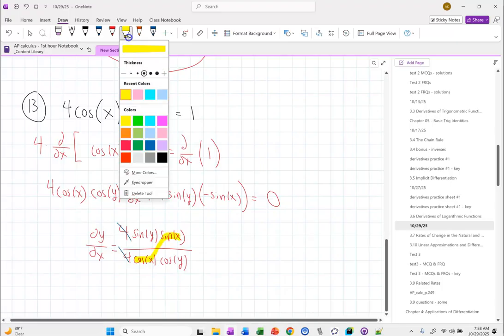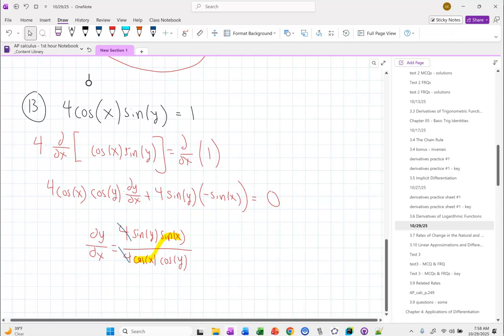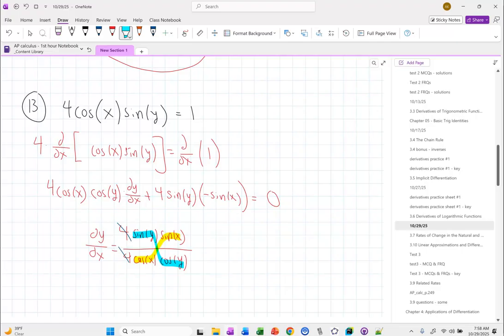And I recognize sine over cosine is tangent, and sine over cosine is tangent. So I could probably simplify this as tan y tan x. That would be my best answer, probably what the back of the textbook has and what a multiple choice solution would look like.